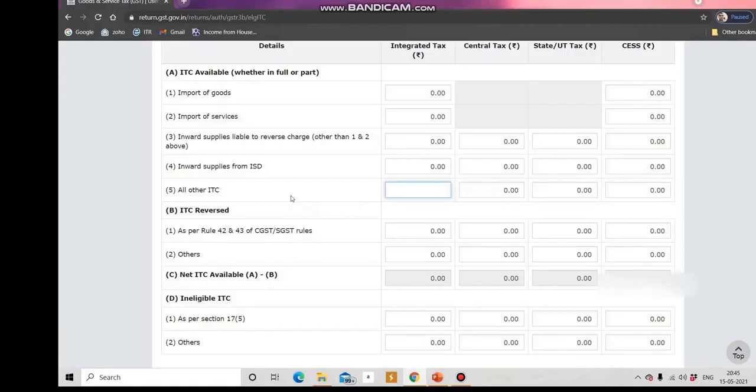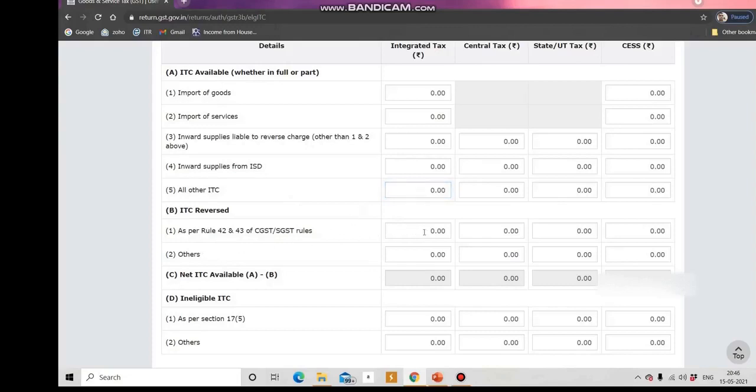There is a mechanism given by the department that if the person is providing both types of goods and services, then he can claim the ITC only in respect of goods or services which are liable to GST. For the non-taxable goods and services, he has to reverse the proportionate ITC.